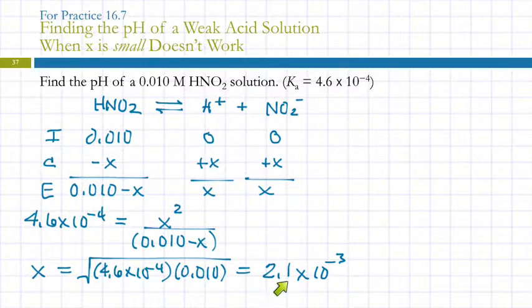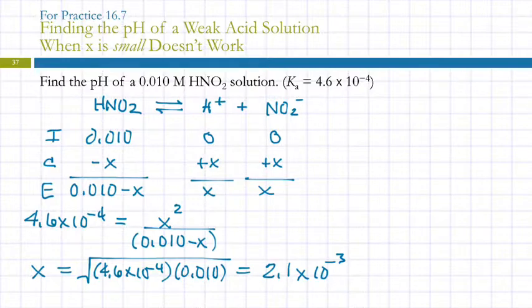So this is going to be around this number, but it's not going to be exactly that number. This is large enough that when we subtract it from 0.01, it does make a difference. I gave you the analogy a couple days ago about the truck full of oranges, right? Taking one orange off is not significant in terms of the mass of the oranges in the truck.